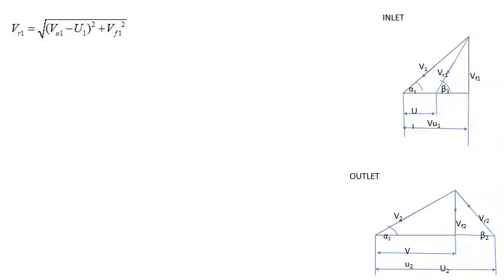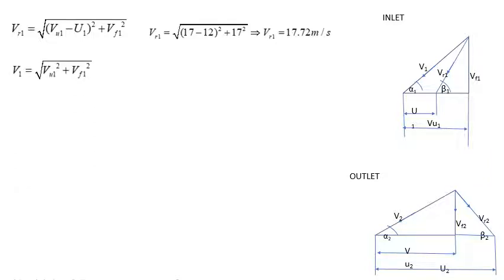By the given data, first of all construct the inlet as well as outlet velocity triangles. From these two velocity triangles, obtain the values of different variables in a triangle. So first one is VR1 is equal to square root of (Vu1 minus U1) square plus Vf1 square. By the substitution of the values here, we can find the value of VR1 as 17.72 meter per second.